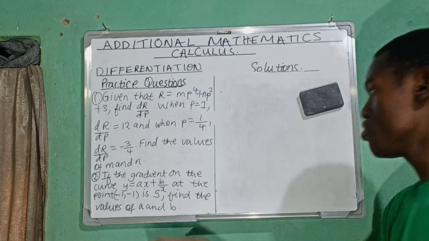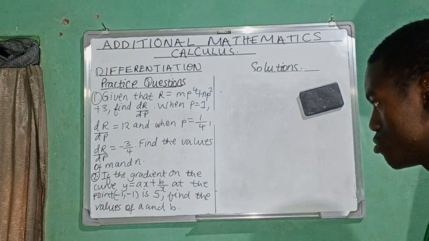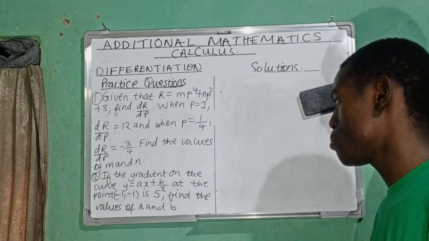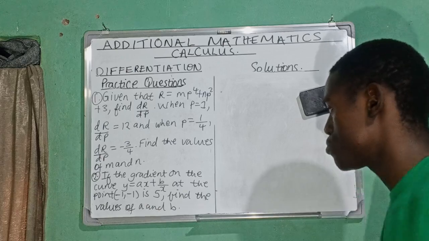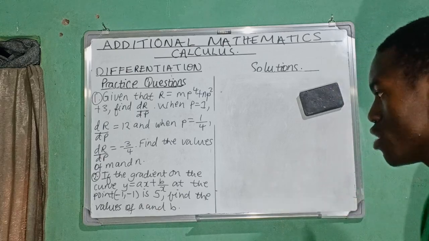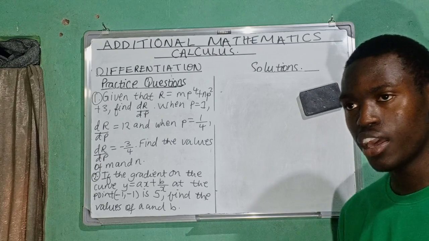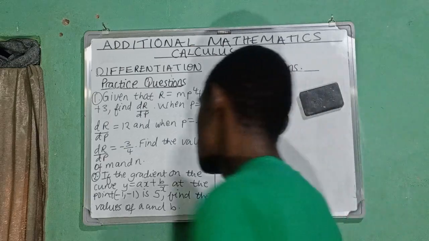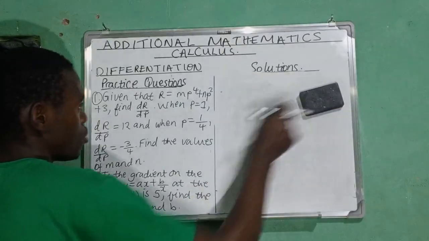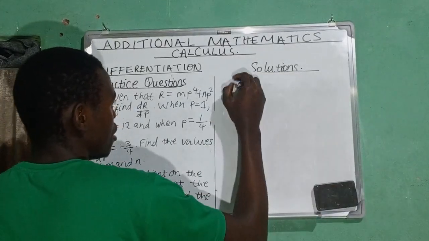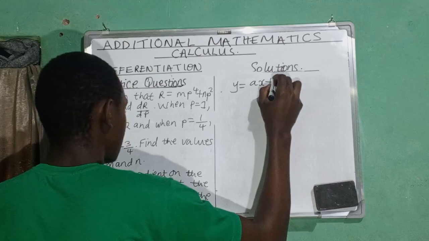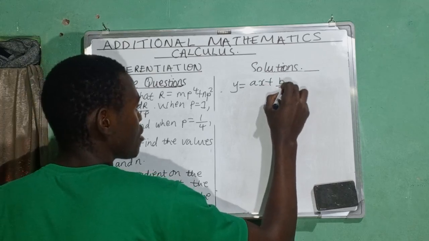If the gradient on the curve y is equal to ax plus b over x at the point (-1, -1) is 5, they want us to find the values of a and b. So we write the equation y is equal to ax plus b over x.